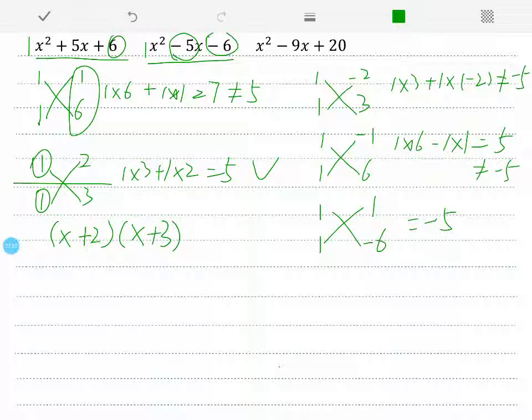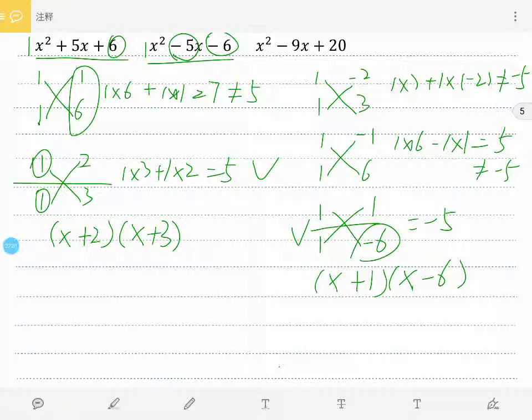Okay, so this one is the right combination. And finally, we choose the same row. So 1x becomes x plus 1, times x minus 6. Okay, so that's the solution for question 2.